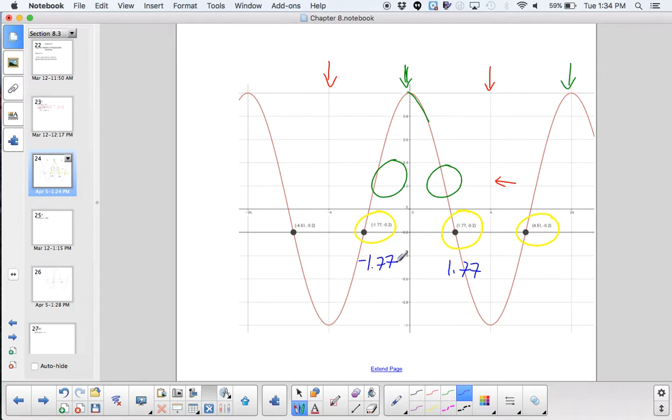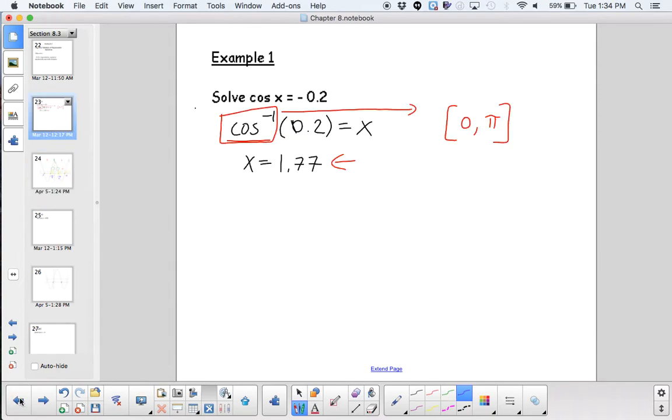As you continue, you're going to have infinitely many solutions, and the equations that you would write for these two, by adding 2 pi to each one, would give you the other solutions. So let's go back for a second and look at what we have. We have the 1.77. Now let's think about how we've restricted cosine. Cosine has been restricted from 0 to pi.